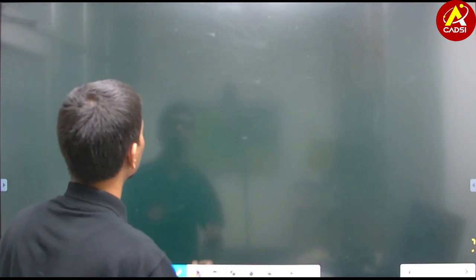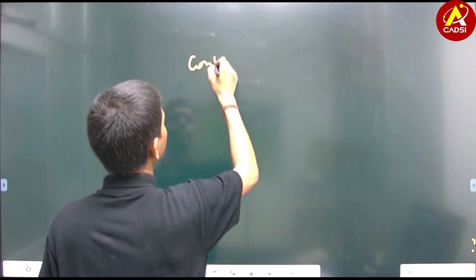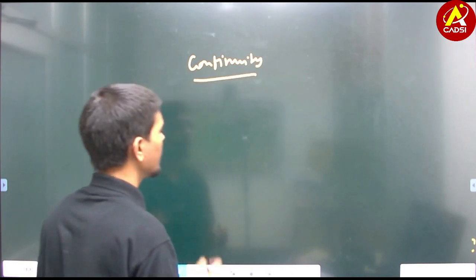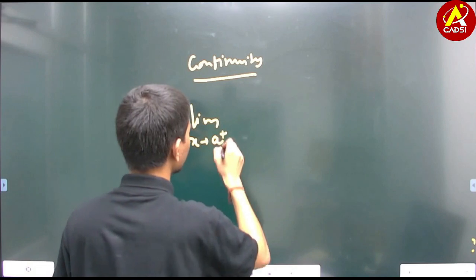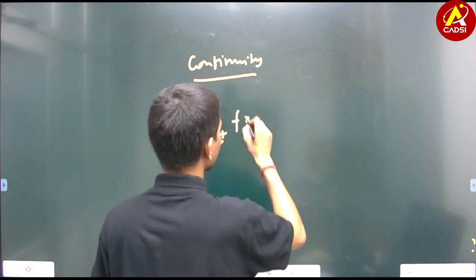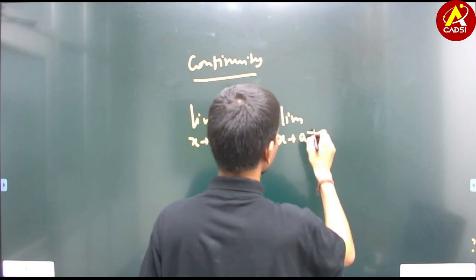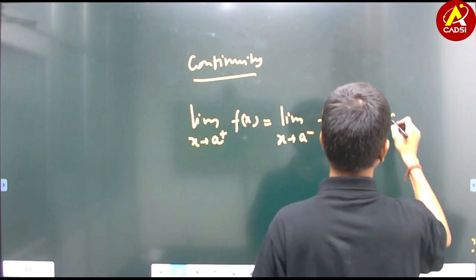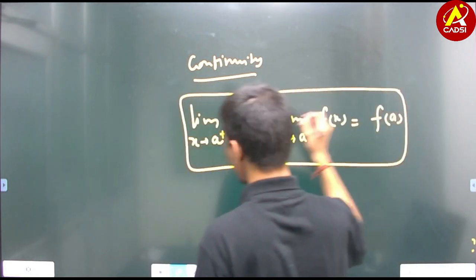So now, continuity. Here limit x tending to a plus, limit x tending to a minus, and f of a. That is the definition of continuity.